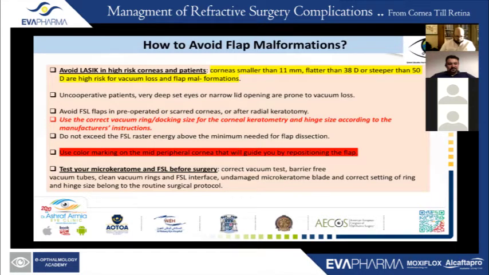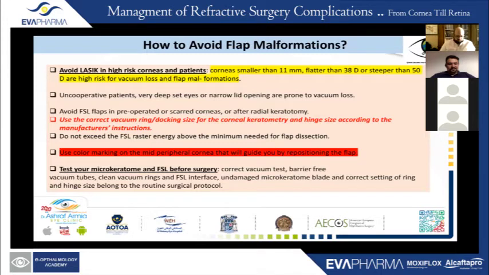Very important to use the correct vacuum ring docking size for the corneal keratometry and the hinge size according to the manufacturer's instructions. I highlighted in red what is very important in any microkeratome LASIK surgery.